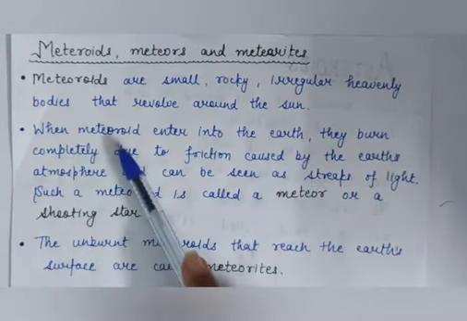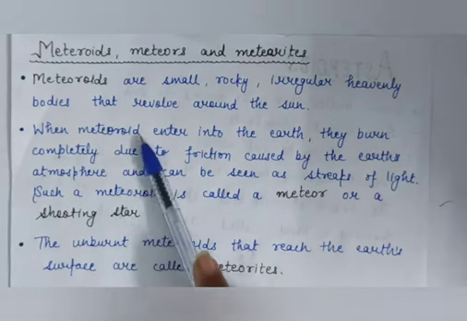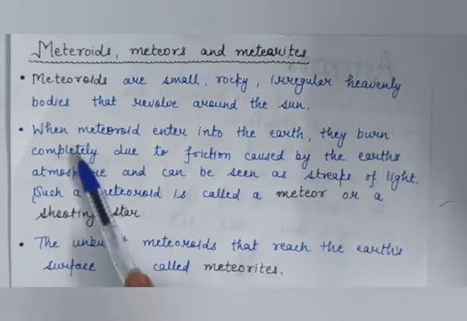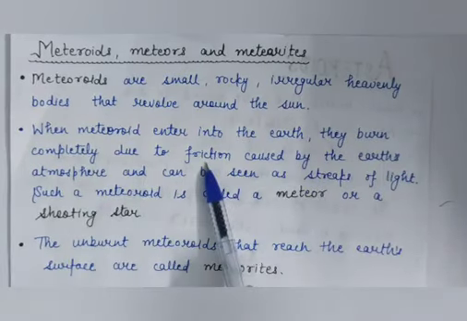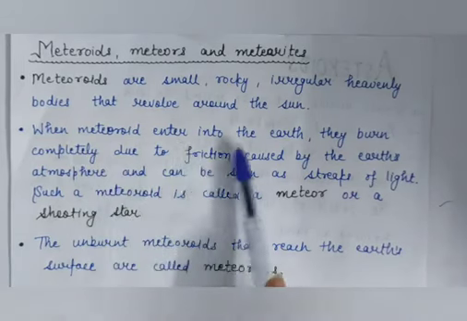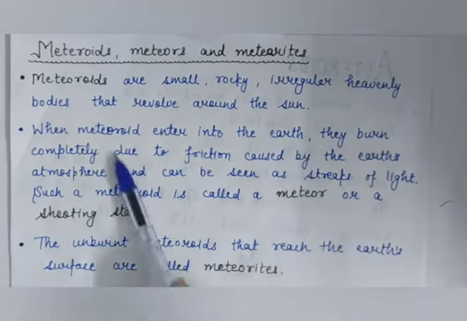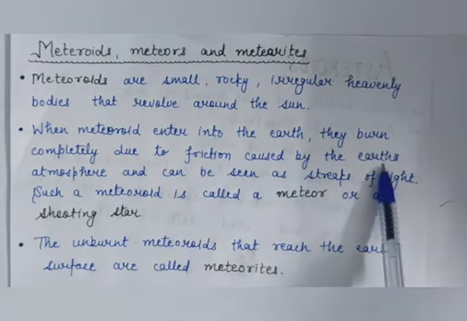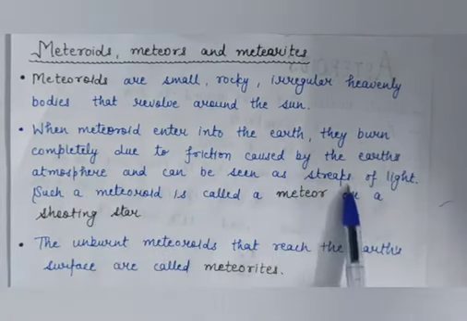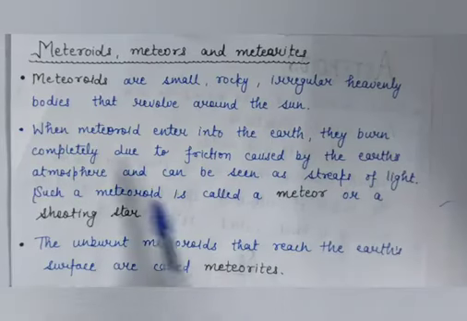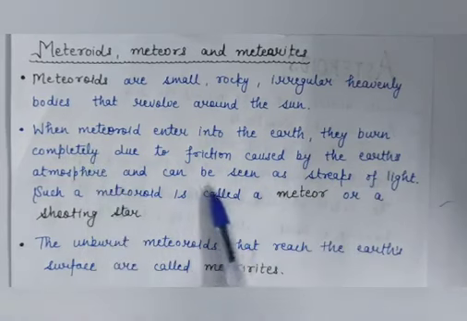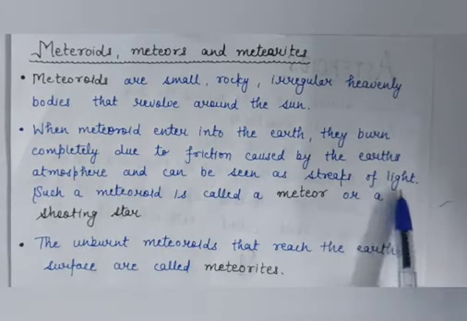When meteoroids enter the earth's atmosphere, they burn completely due to friction and can be seen as streaks of light.